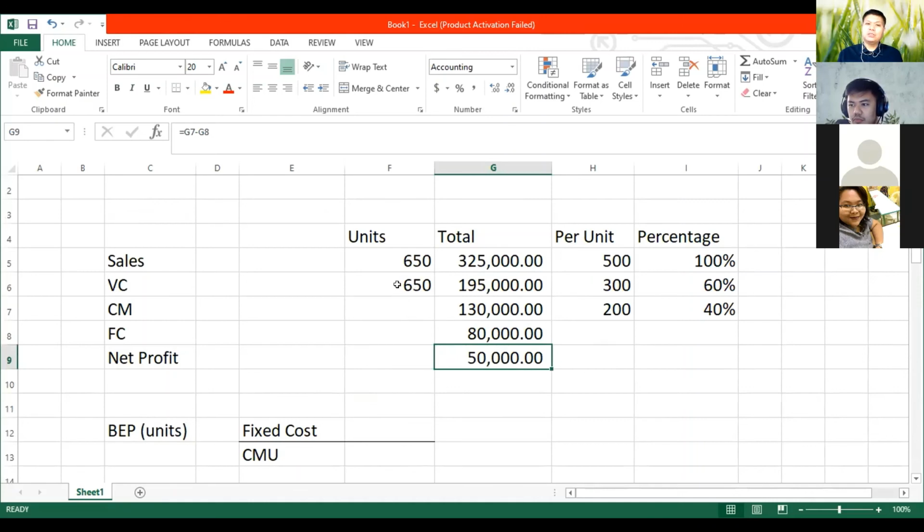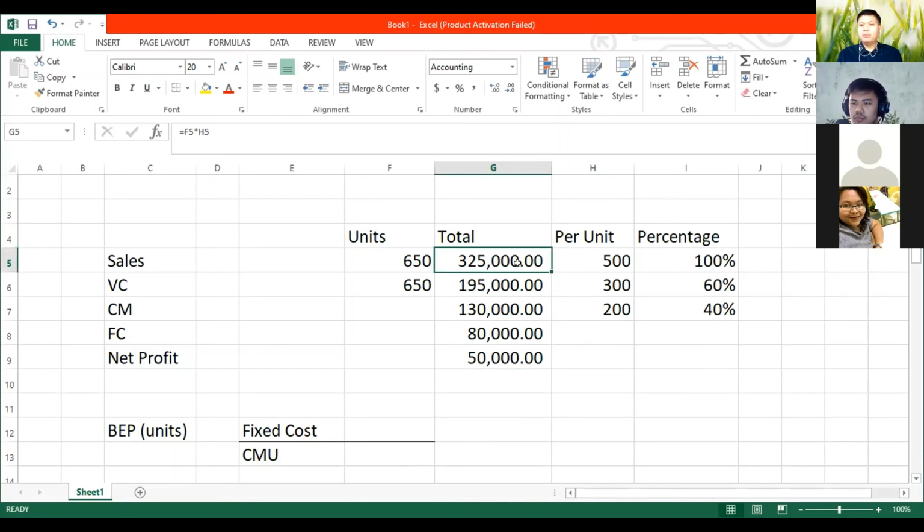Okay, kasi susunod si variable, hindi naman gagalaw si fixed cost. So this is 50,000. Okay? Now, how do you answer or how much am I going to sell? Ano yung peso value ng sales? Oh, the answer is 325,000.